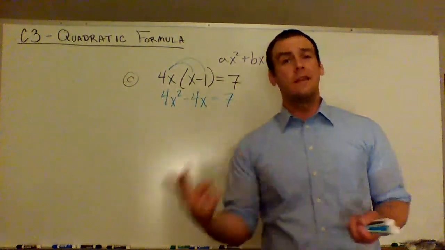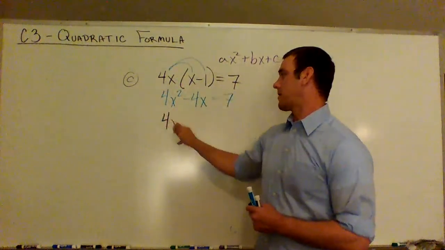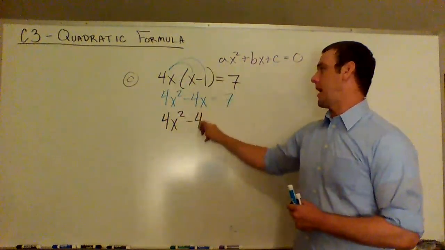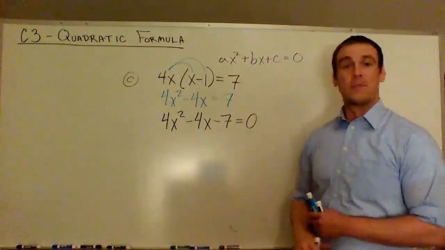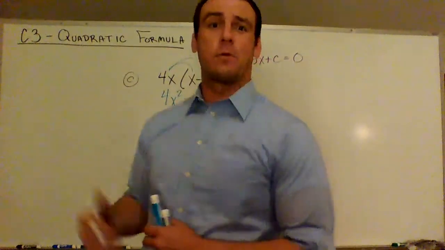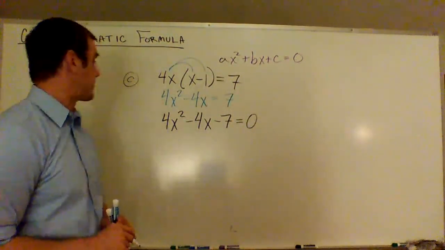Okay, we need to get everything on one side. Move the 7 over, I have 4x squared minus 4x minus 7 equals 0. Now we are in the form ax squared plus bx plus c equals 0.